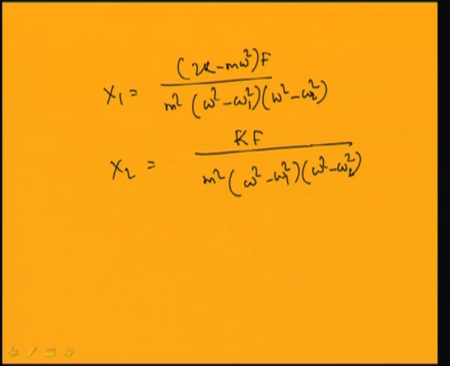You can observe that when omega equals omega 1 or omega 2, x1 or x2 tends to infinity, and when omega square equals 2k by m, x1 becomes 0.